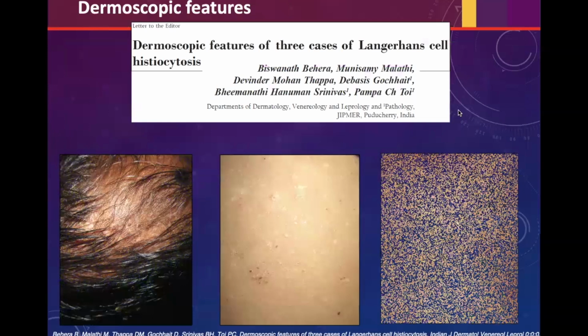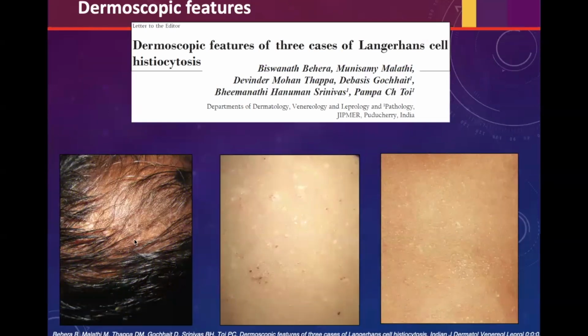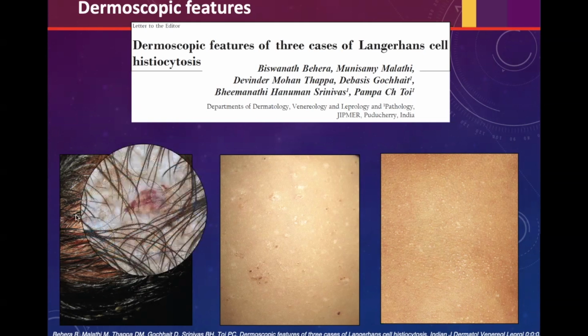What about dermoscopic features? Well, clinically, here we see multiple skin-colored to erythematous papules over the scalp with greasy scalp. And at the dermoscope on the scalp, papules showing irregular vascular blotches around structureless area and crust. In case number 2, multiple hypopigmented papules with few having central umbilication.